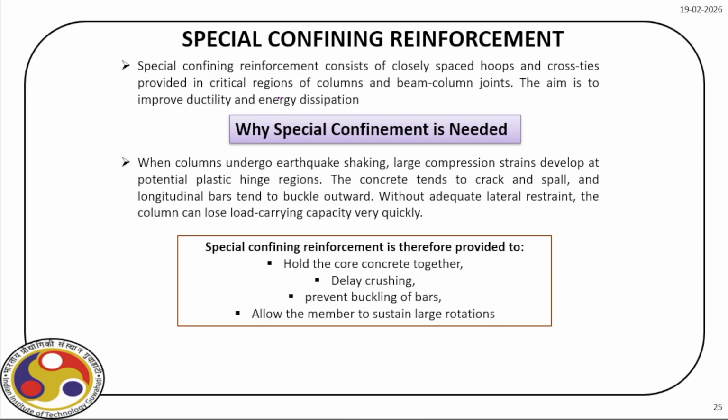Without adequate lateral restraint, the column can lose load carrying capacity very quickly, and this is the juncture which is extremely important. So special confining reinforcement is provided to hold the concrete together, delay crushing, prevent buckling of bars, and allow the members to sustain large deformation. Recall, that was the main objective of this entire discussion. We should have large deformation before collapse.